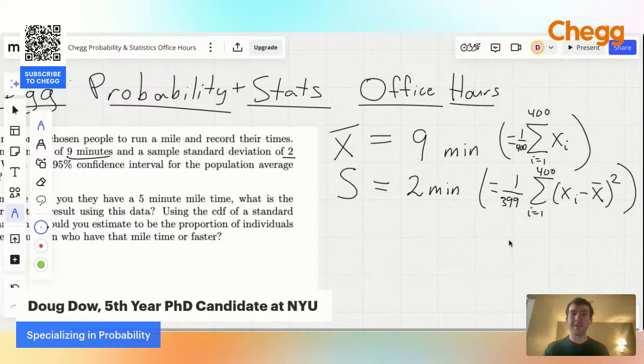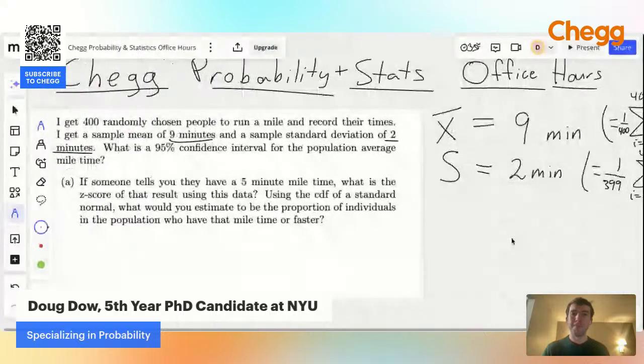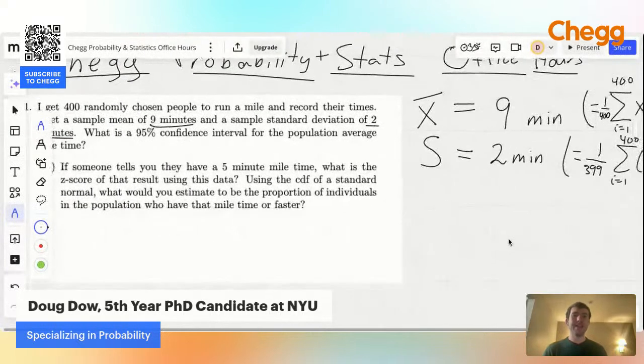So let's construct a 95% confidence interval. The idea for this is there's basically a formula that we use. What we want to find is an interval. The confidence interval is an interval in which the population average is likely to be.